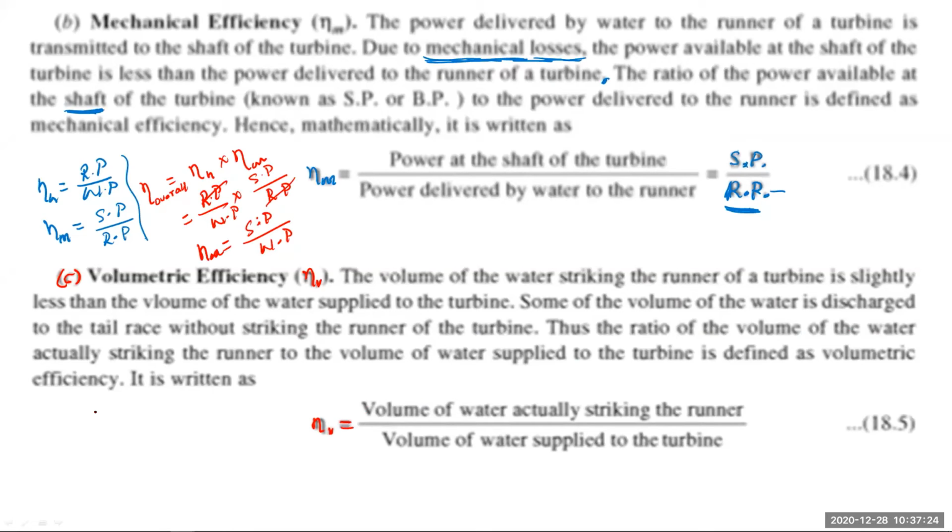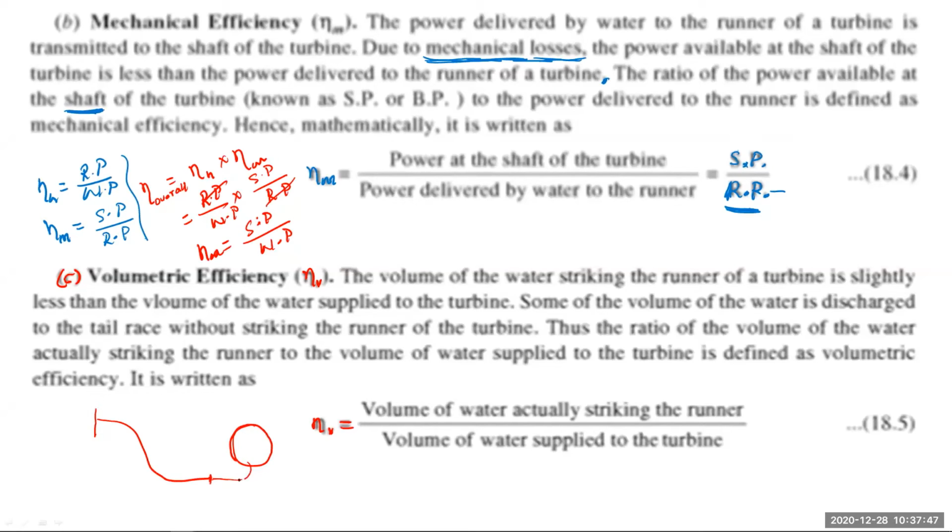As we have seen, from the head race the water is coming through your penstock, and one nozzle is connected at this location. From that nozzle a high velocity jet strikes the bucket installed on the circular runner of your turbine.